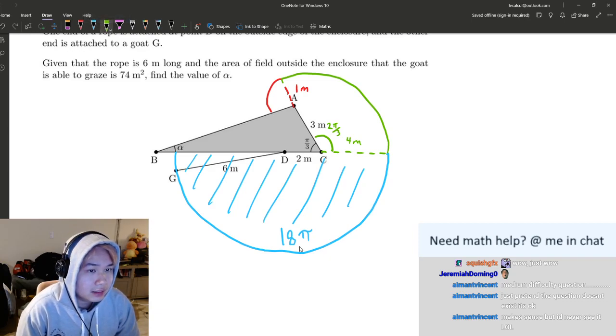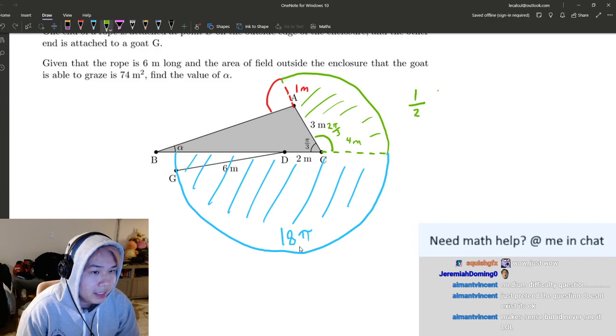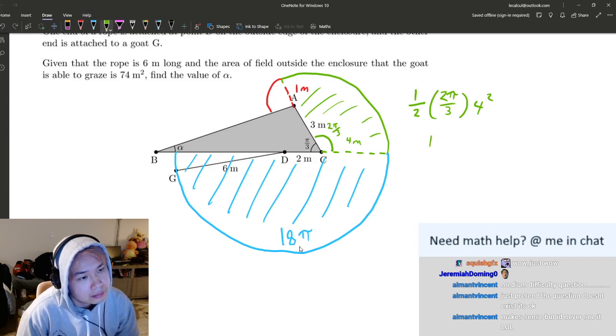So then the area of this sector here is one half times the angle times the radius squared. So what is this going to be? 16 pi over 3.